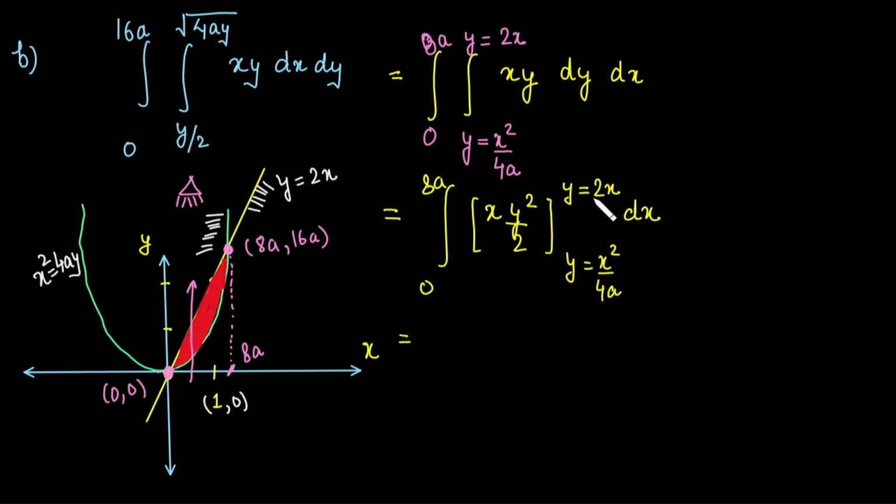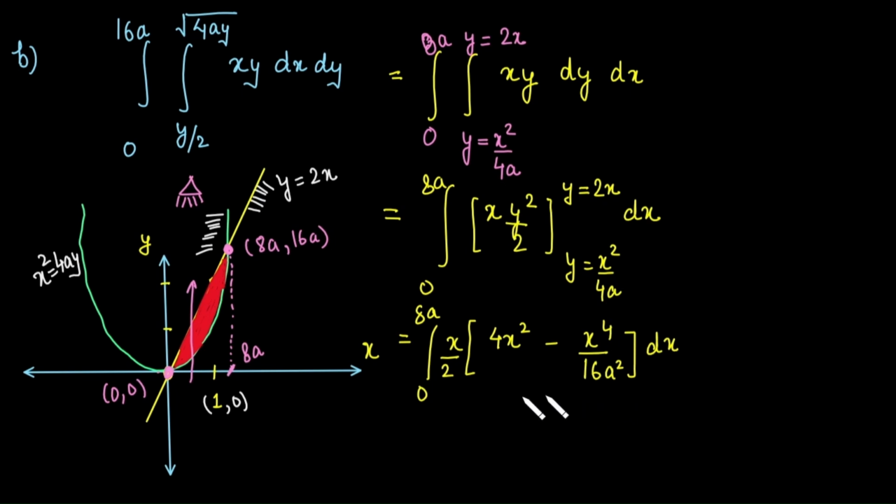This is equal to, here I have taken x by 2 outside because it is treated as a constant, and we need to put the limits for y. When you put y is equal to 2x, it is 4x square, because we need to take the square of this one. Then minus the square of this one, that is x raised to power 4 over 16a square.